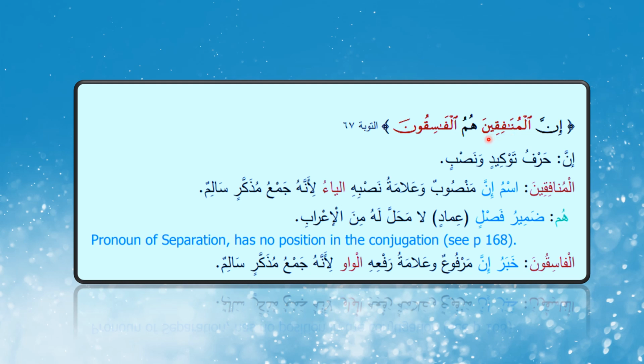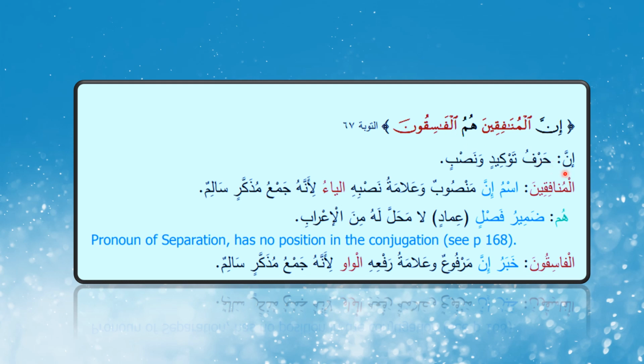Simple. If you remember, this is damir fasl. Why does it come? For emphasis. And another reason for coming is when the khabar is marifa. It comes to separate it from the mubtada, to tell you that it's not mubtada, it is khabar.